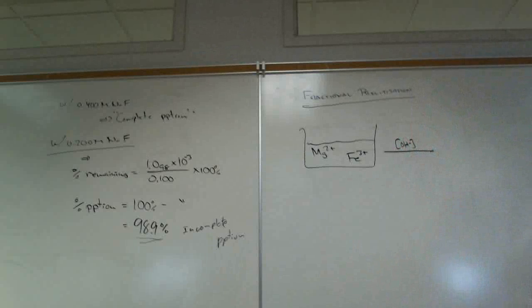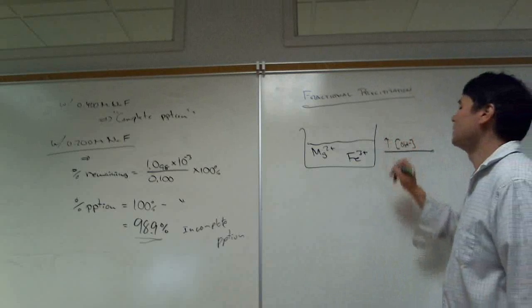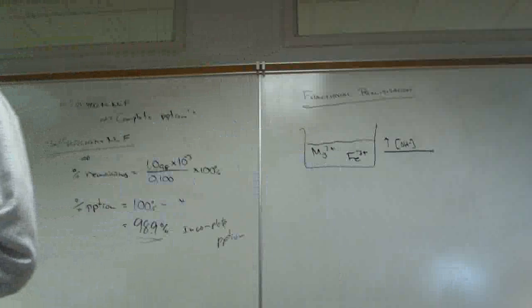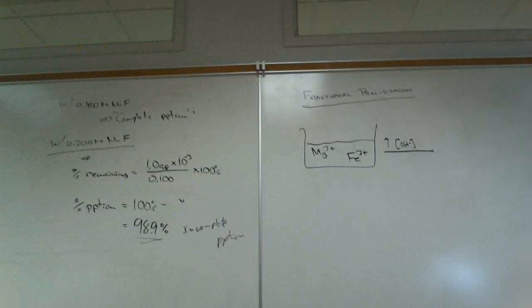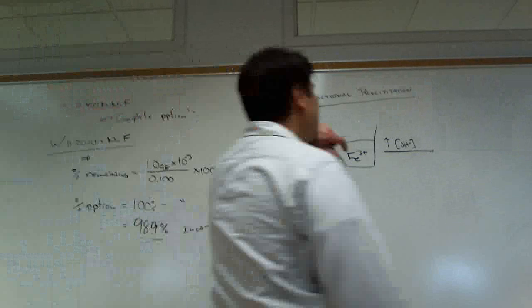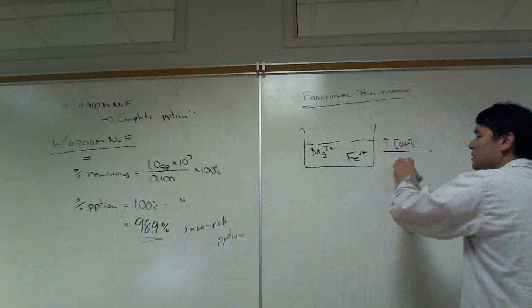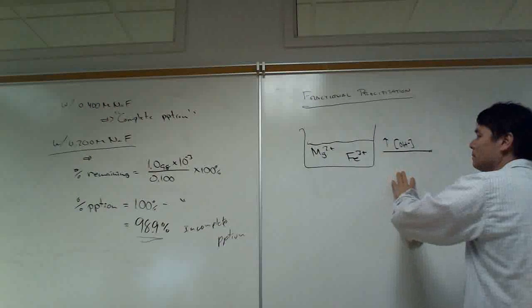Can we completely get rid of hydroxide in water? No. And then what we're going to do is increase it. Very little hydroxide means low pH, which means very acidic. So we're going to start off very acidic and then start to increase the pH, increase the hydroxide, decrease the hydronium.